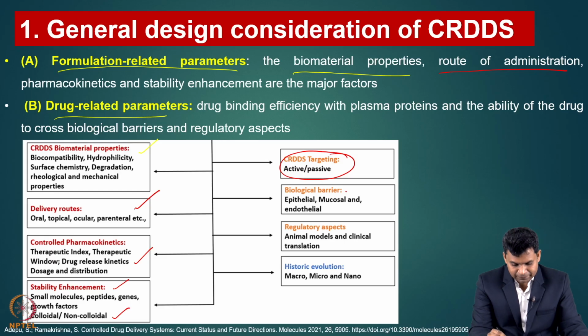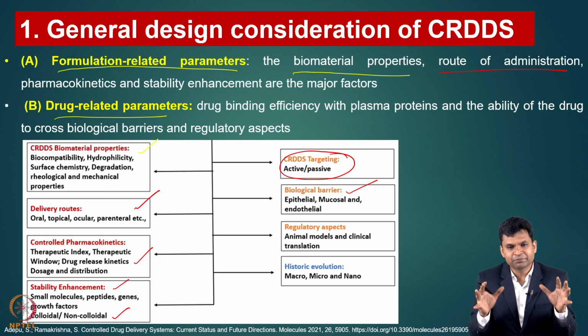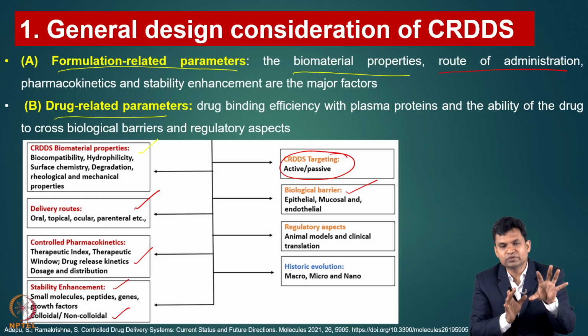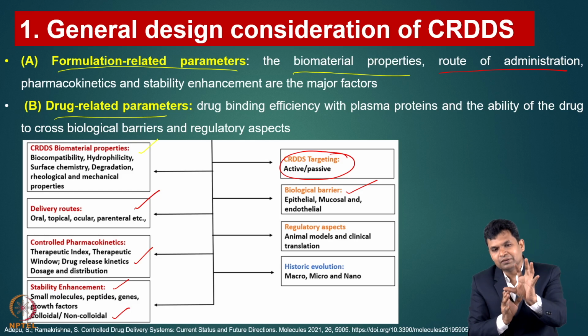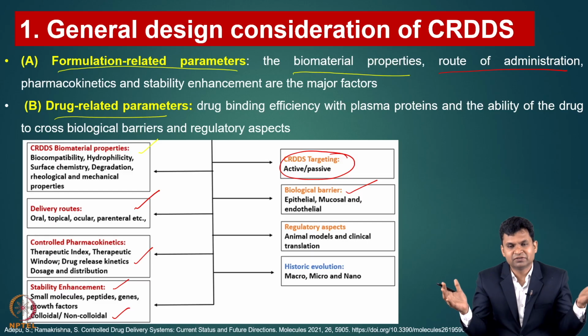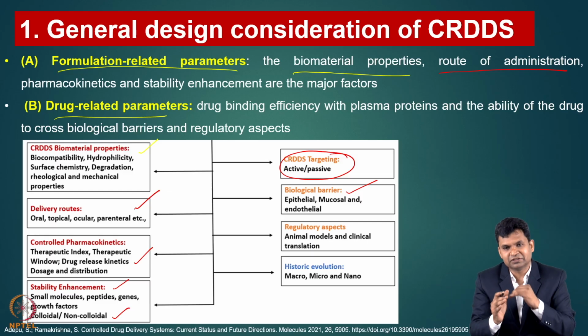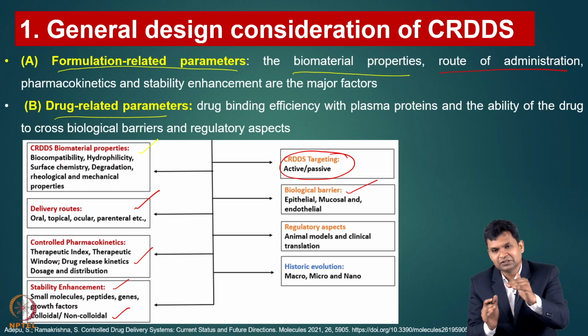And yes, these are the biological barriers that need to be overcome by using controlled drug delivery systems. So, while designing, we need to see which route we are giving and what the barriers are. For example, in case of brain delivery, we know that the blood brain barrier is one of the major barriers which will control the permeation of drug to the brain.